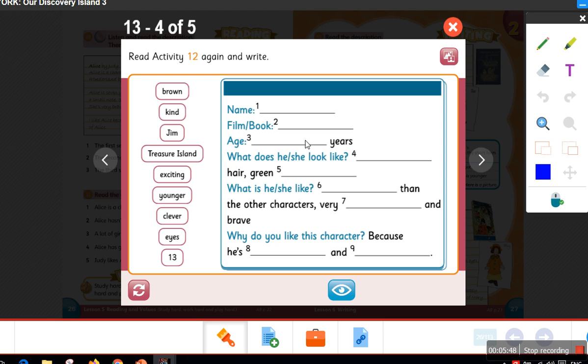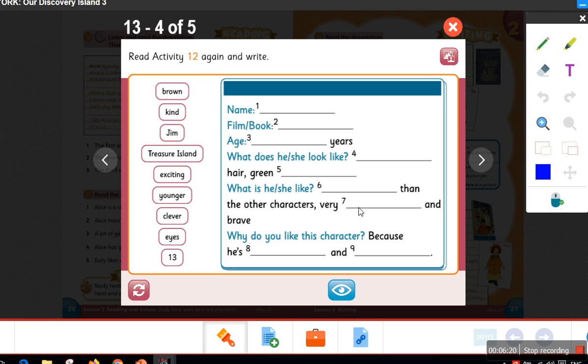His age, 13 or 14. Brown hair, green eyes, maybe. He is younger or older. We have the word here than the other characters. He's very kind and brave, or maybe clever and brave. Check your understanding.